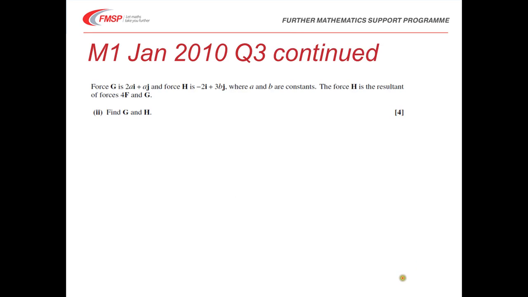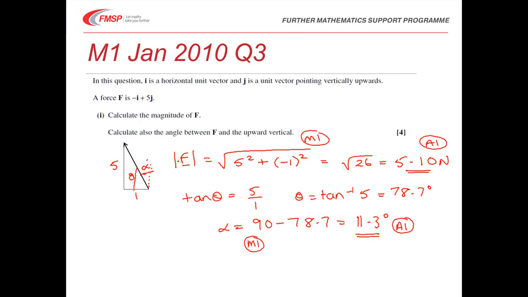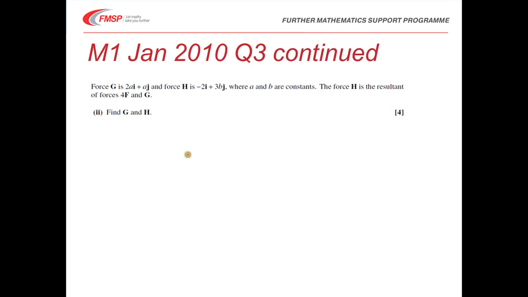Now, part 2, we've got a few different forces. We've got G and H, and if we just pop back to the last slide, F is minus i plus 5j. So let's write that down. F is minus i plus 5j, because it's used again in this question.